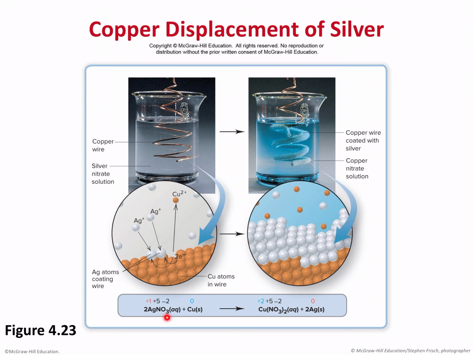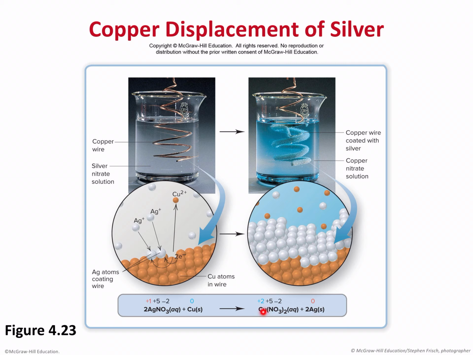So in silver nitrate, silver is +1 oxidation number and oxygen -2, and if you calculate the charge for the nitrogen, that would be +5. And now it's going to form copper nitrate and silver, single displacement.